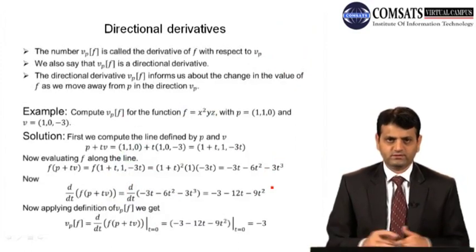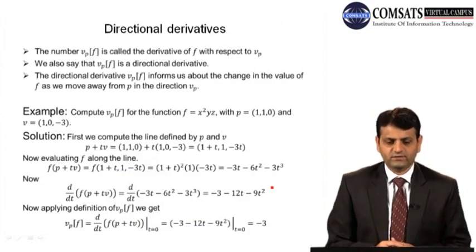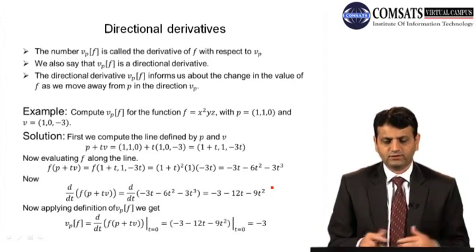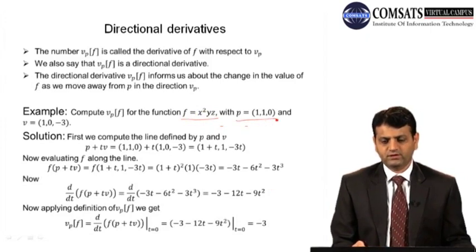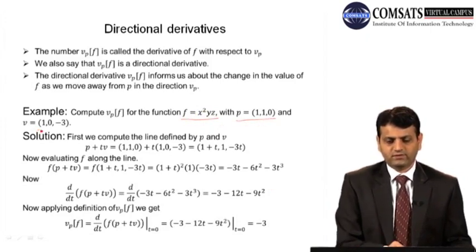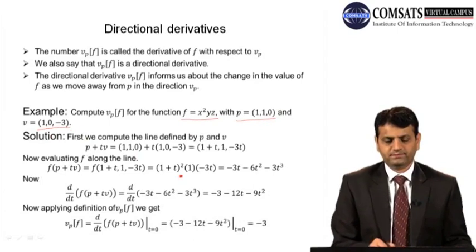So how to compute the directional derivative VP of f? Consider a function f equal to x square yz, the point P to be 1, 1, 0, and the vector V to be 1, 0, minus 3. First we compute P plus tV. P is 1, 1, 0, and V is 1, 0, minus 3, multiplied by t.